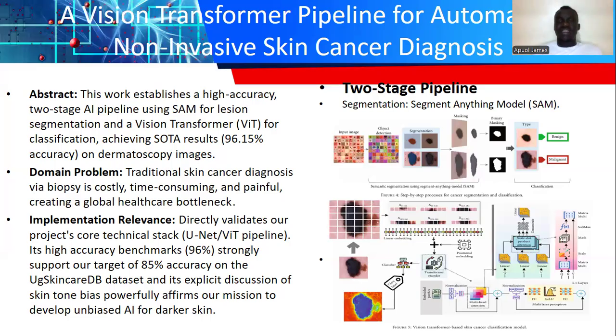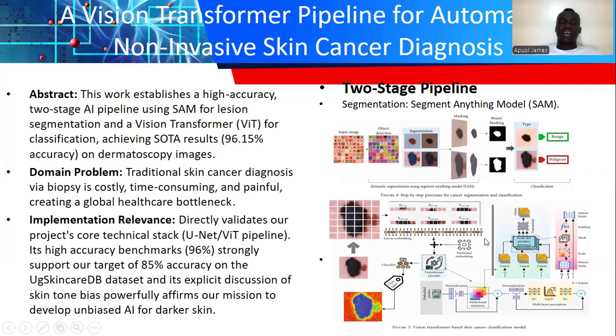As we are seeing here, in the segmentation stage, the image is uploaded, detected, and segmented. After masking, it produces our binary mask, and then it classifies the lesion, for example as benign or malignant.